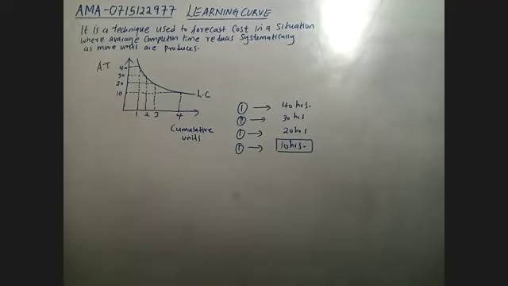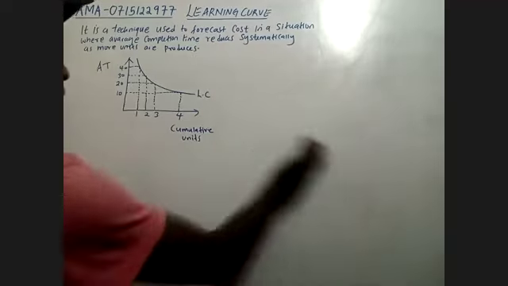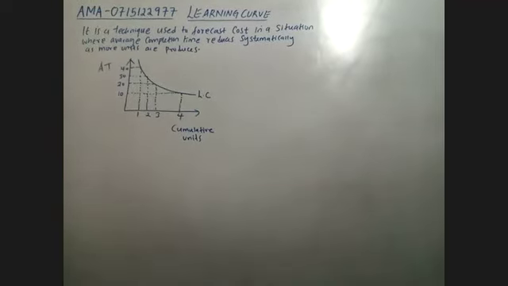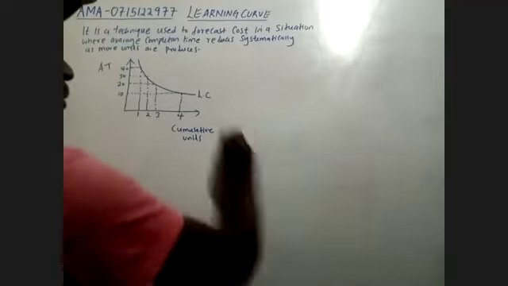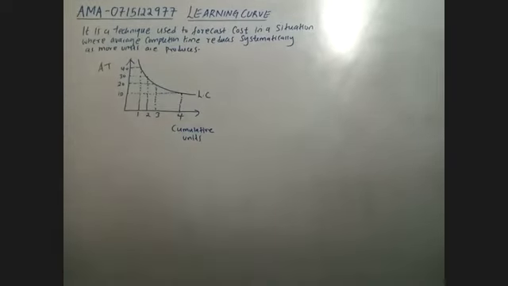Now, let us explain this table so that we can know what we are talking about. This is the learning curve effect. As you keep on getting more and more experience doing something, it requires less and less time to complete, to make that item. That is what we are trying to say.